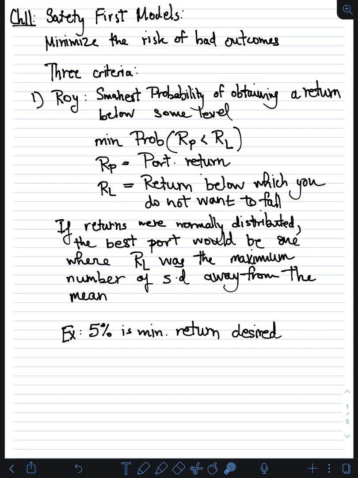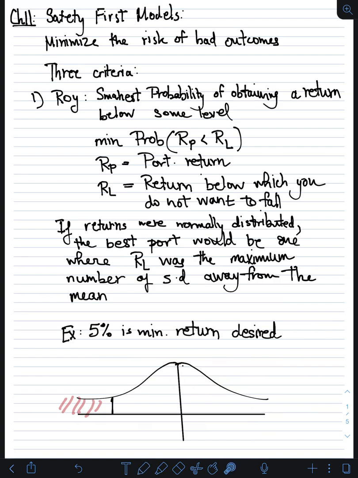Okay, how do we test that? We assume a normal distribution. So, what does a normal distribution mean? It's that bell curve kind of picture that we're used to seeing, where there's some mean and some standard deviation. If we were trying to follow Roy's rule, we'd be trying to go as far to the left as we can in order to minimize the probability of obtaining a return in that region.